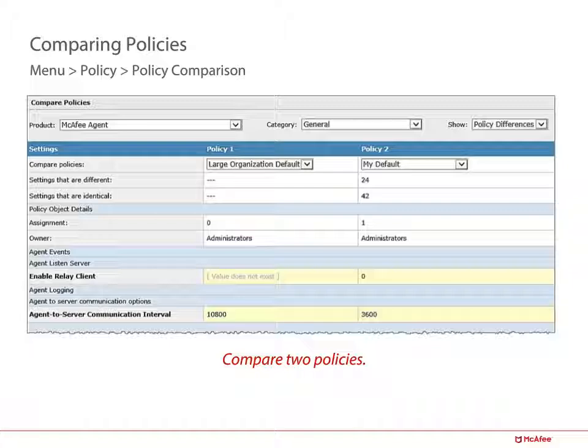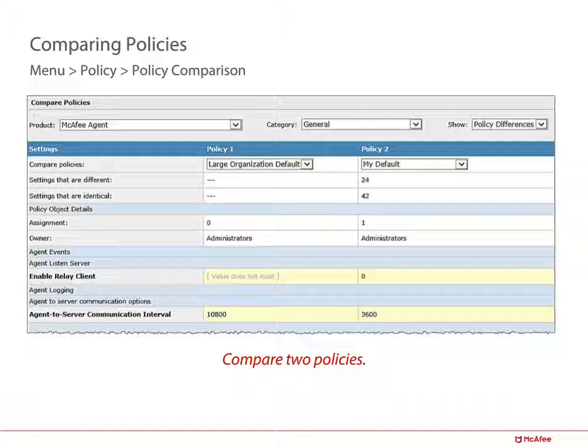The policy comparison feature is an excellent feature for me to go in and compare two policies. Many times in the past, what you would have to do is go in and open each policy one at a time, write everything down, and then do your own comparison of what is different. Now I can actually go in, select the product, the category, and then select the different policies.